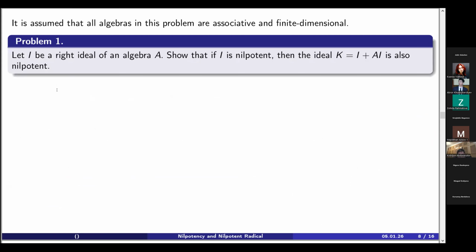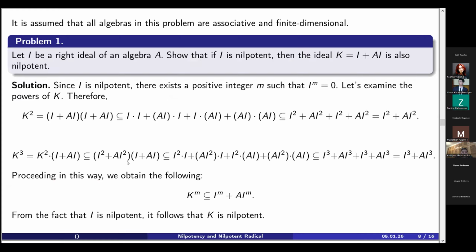Let I be a right ideal of an algebra A. Show that if A is nilpotent, then the ideal I is also nilpotent. Solution. Since A is nilpotent, there exists a positive integer m such that A^m is equal to 0.